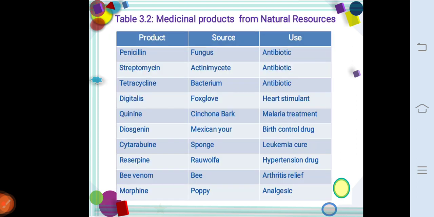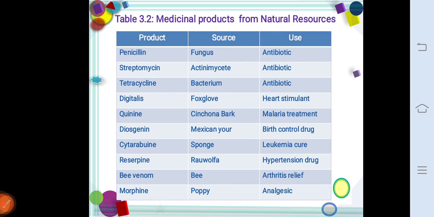And the next type is social values. Social values of biodiversity refer to the manner in which the bio resources are used by the society. These values are associated with the social life, religion, and spiritual aspects of the people. For example, holy plants.